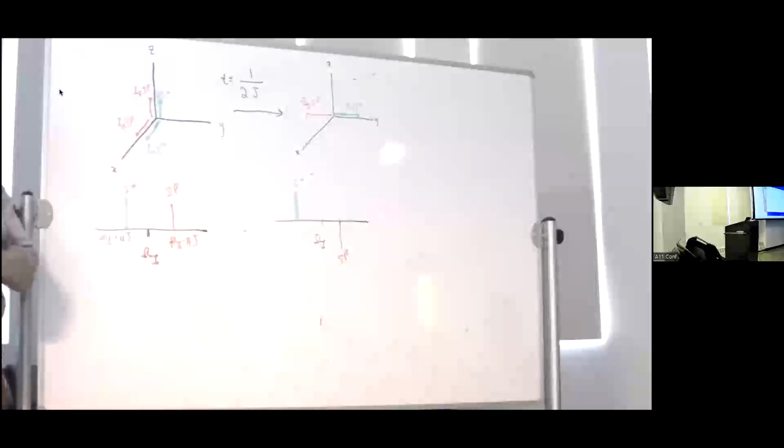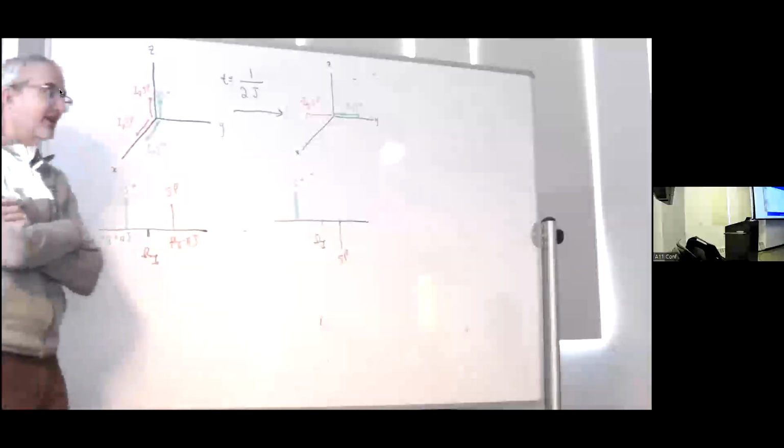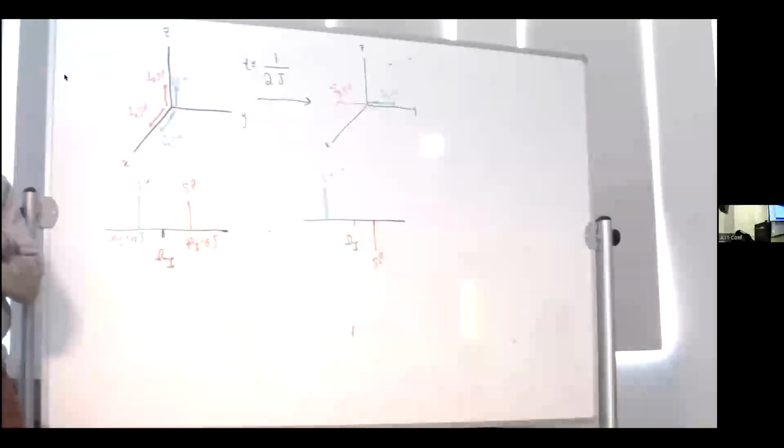And because the population differences are small, there's essentially half of the nitrogens in the alpha state and half in the beta state, which means that half of our proton magnetization is connected to a nitrogen in the alpha state, and half is connected to a nitrogen in the beta state.